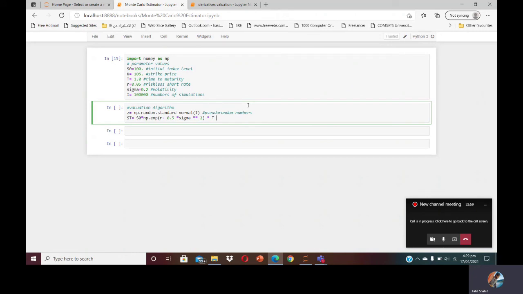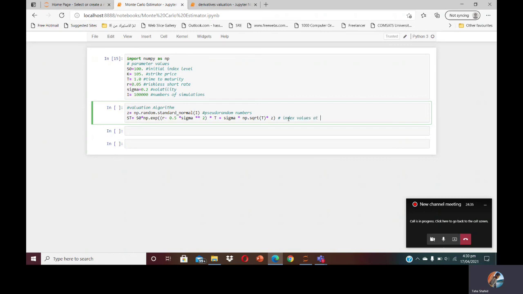Okay, plus sigma multiplied by np.sqrt of T multiplied by z, in brackets. This is our index values at maturity.